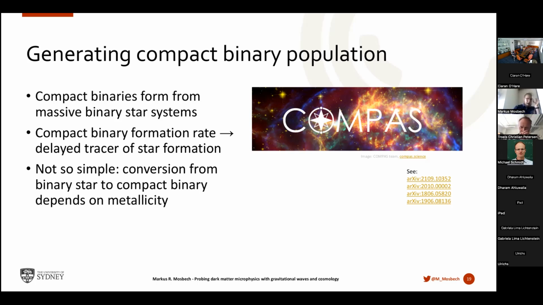It's not completely that simple because there is a dependence on the metallicity of the stars, where higher metallicity stars, if I remember correctly, are less likely to end up as black holes than low metallicity stars, for a variety of stellar process reasons that I am not an expert in. But this is all described in these COMPAS papers.